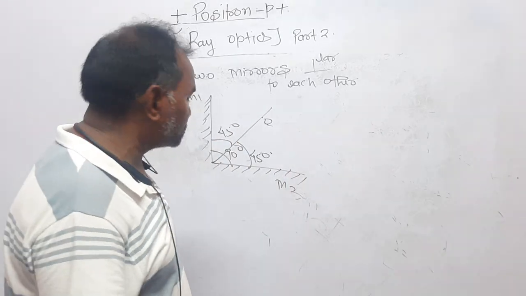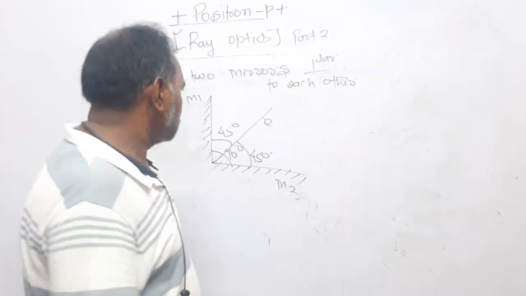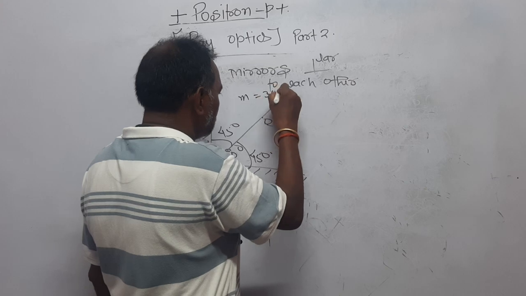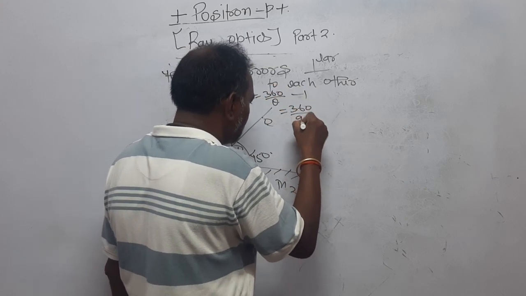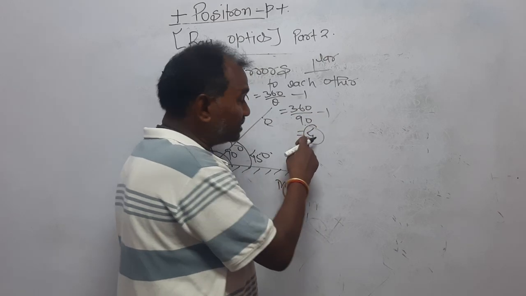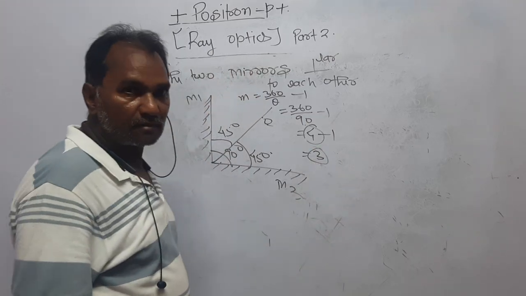Now, using the crisscross method, let's check how many images are made. You know, the number of images m is equal to 360 over theta minus 1. 360 over theta is 360 over 90, that is 4. This is an even number, so the result will be 4 minus 1, that is equal to 3.